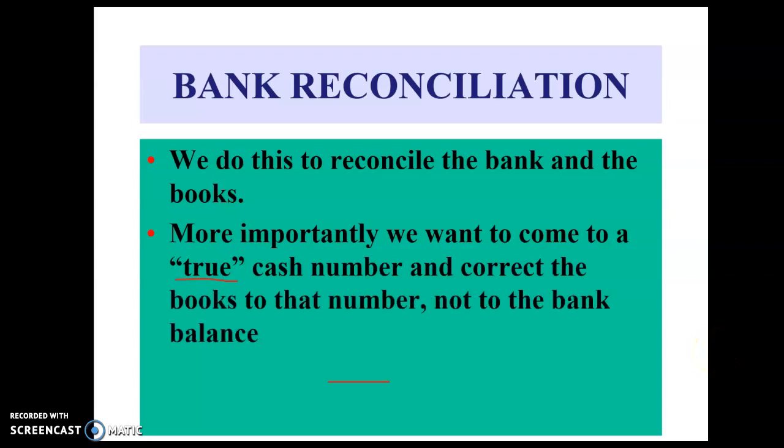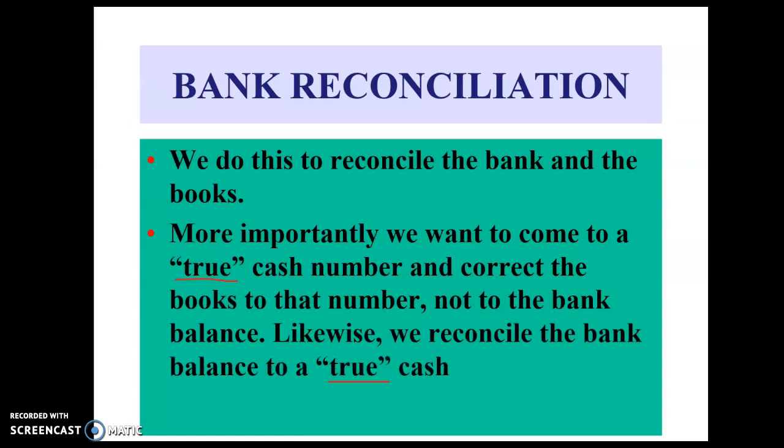We want to come to a true cash number, because your books don't include everything and the bank doesn't include everything. So the bank number's not quite right, and the book number's not quite right. So rather than just reconcile one to the other, in accounting we want to come to the true cash number, and we want to make the books into that true cash number.